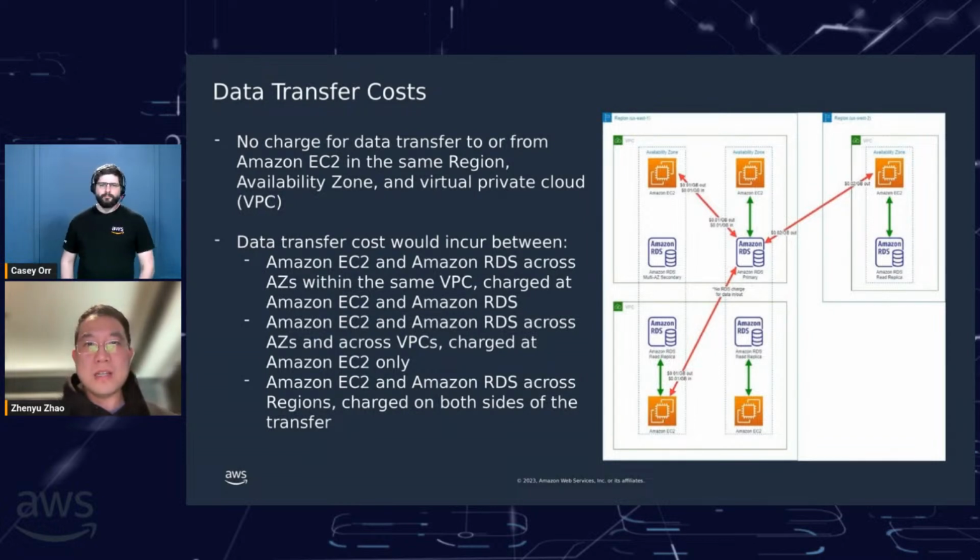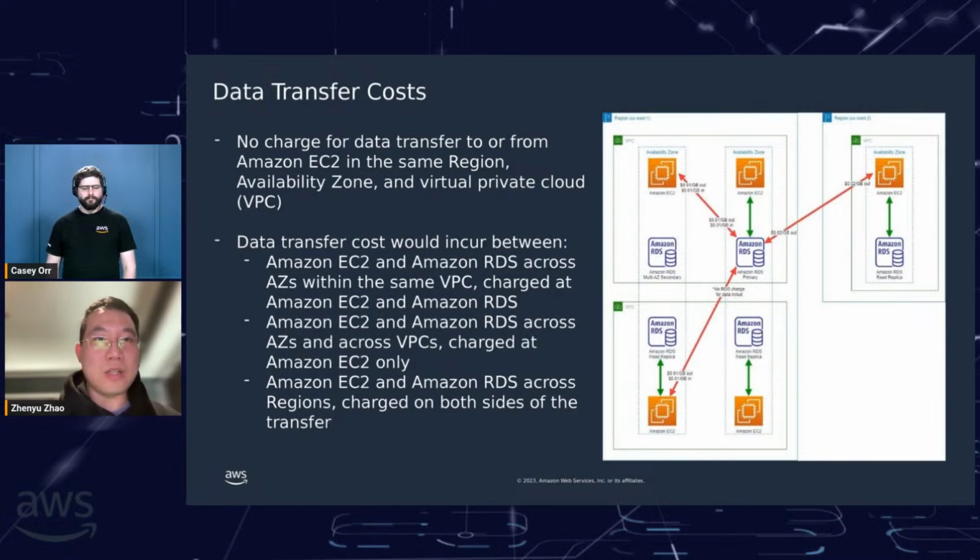There's another cost that is usually overlooked, or that some DBAs, ops teams, or even infrastructure teams are not aware of, which is the data transfer cost. Traditionally we see multi-region backups, transferring your read replica from one region to another, and our global database will automatically replicate behind the scenes.